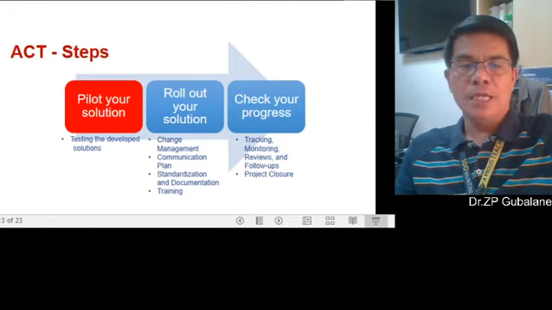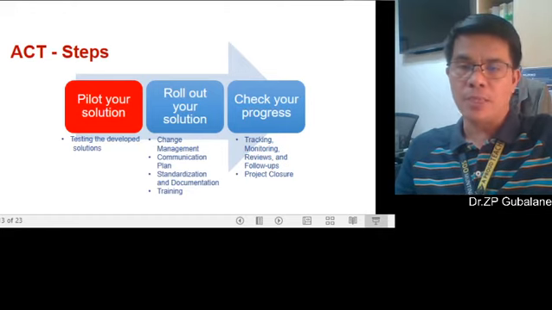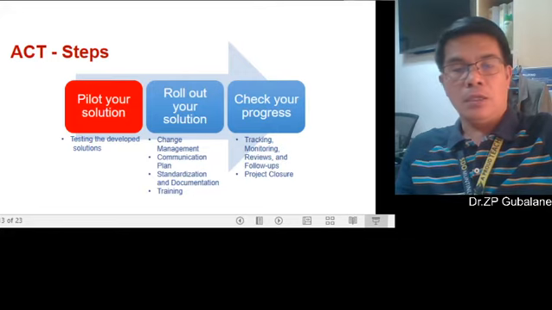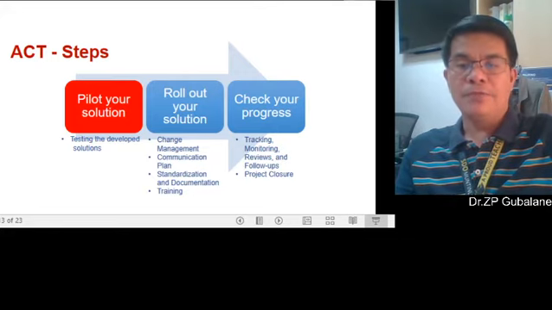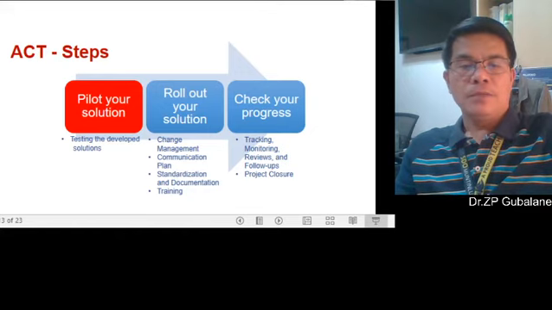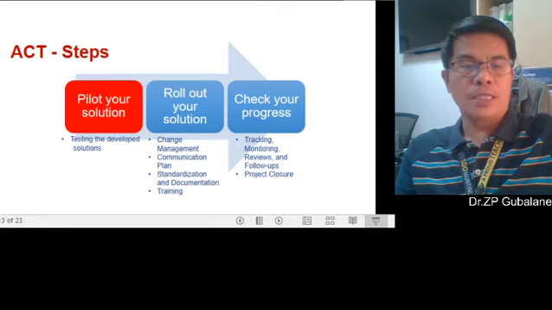So we act on that. We implement. Acting is about implementing or doing something to address those problems identified. So this is also the action side of our plan.